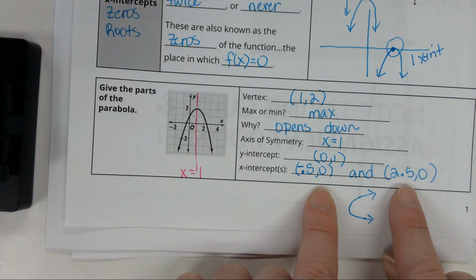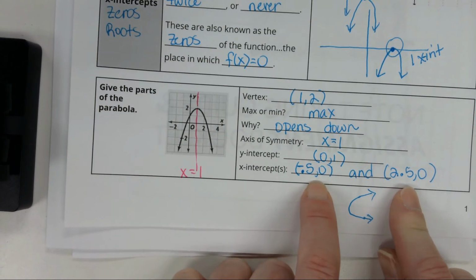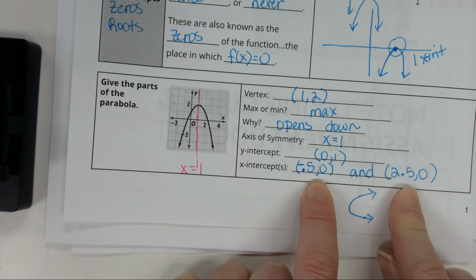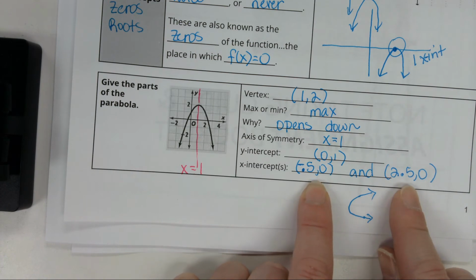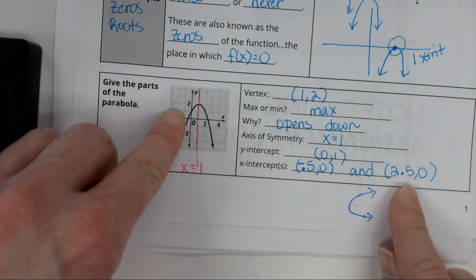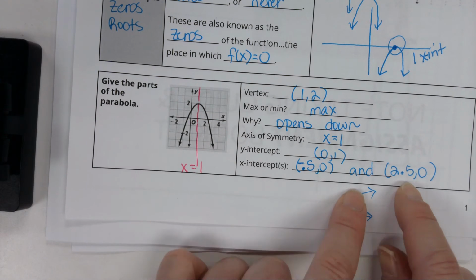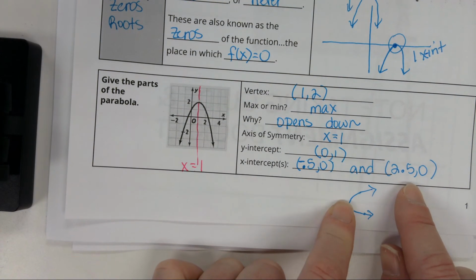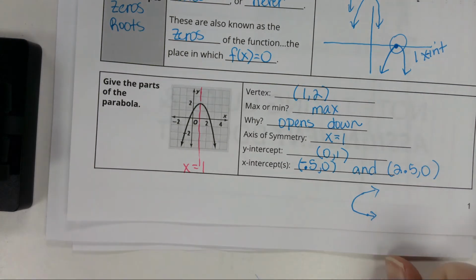I don't know for sure because there's not a scale in between what these are, but it looked to me that the x-intercepts were negative 0.50 and 2.50. So those should have zeros on it, not numbers. What's that?